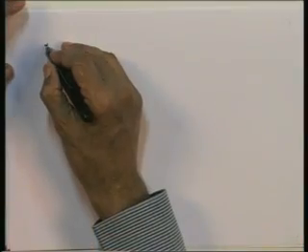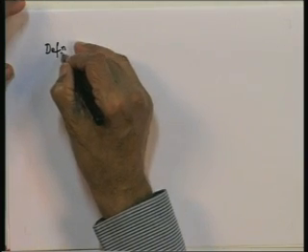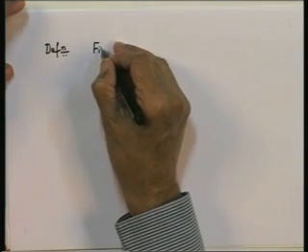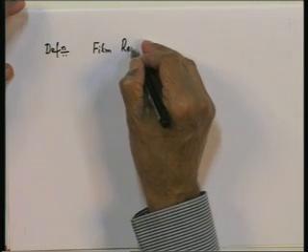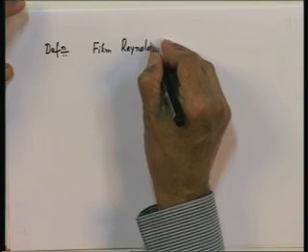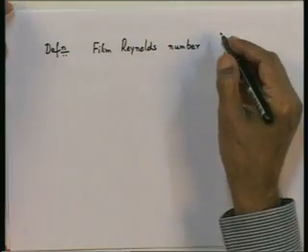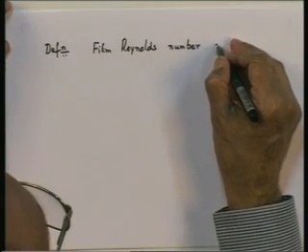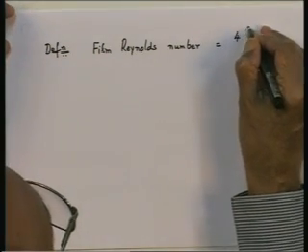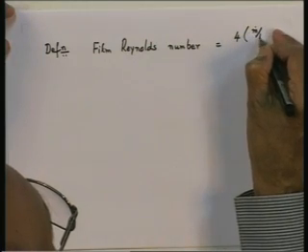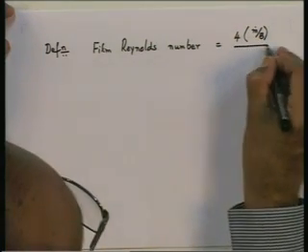So, let me say what the film Reynolds number is first, and then give the result in terms of it. The film Reynolds number, for the condensate film, is defined by the expression Re equal to 4 m dot by b divided by mu.